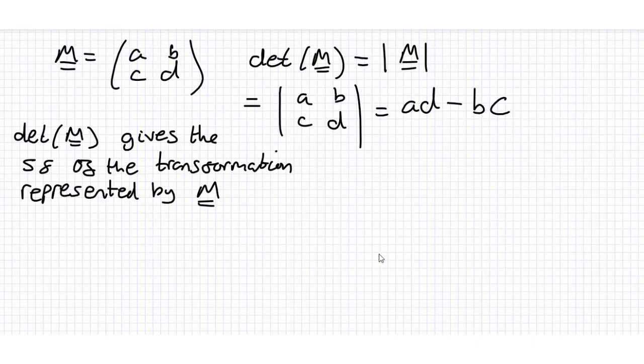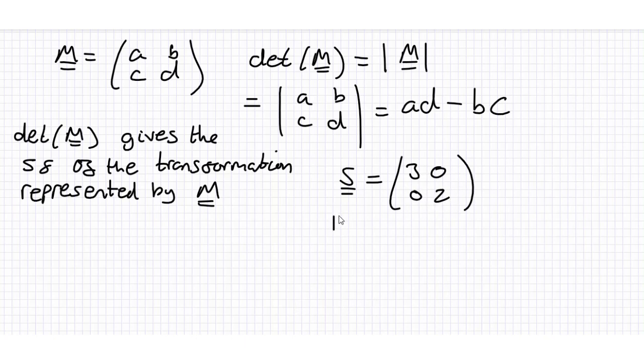Let's calculate some determinants, and for the first two we know what the transformation is, so we can see the scale factor come into effect. So if we have a matrix S equal to 3, 0, 0, 2, well, we know this is a stretch in the x direction by scale factor 3 and a stretch in the y direction by scale factor 2.